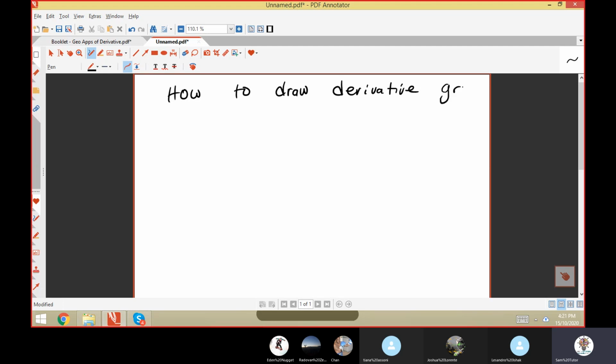Derivative graphs. And then we'll staple it. Let's take one. Take one.